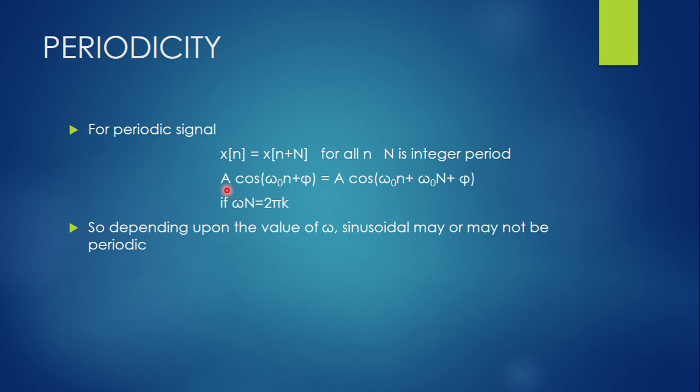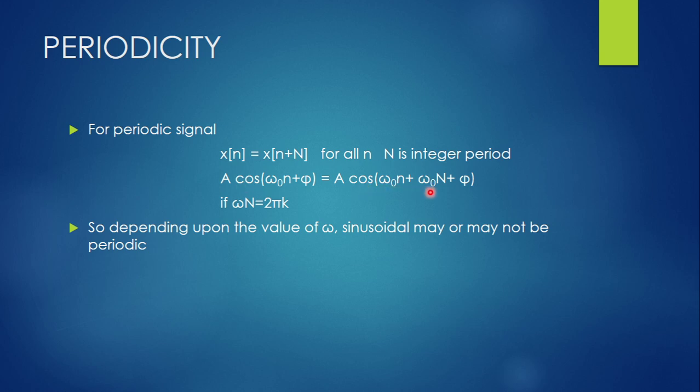Now see here, x[n] is equal to A cos(omega n plus phi). Suppose we take n plus capital N. It should be the same. So it becomes omega naught n plus omega naught capital N plus phi. Both should be the same.